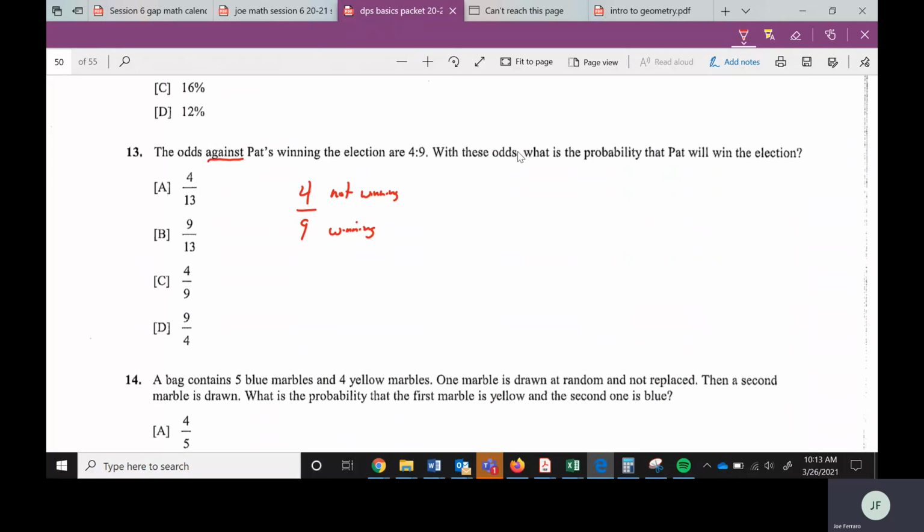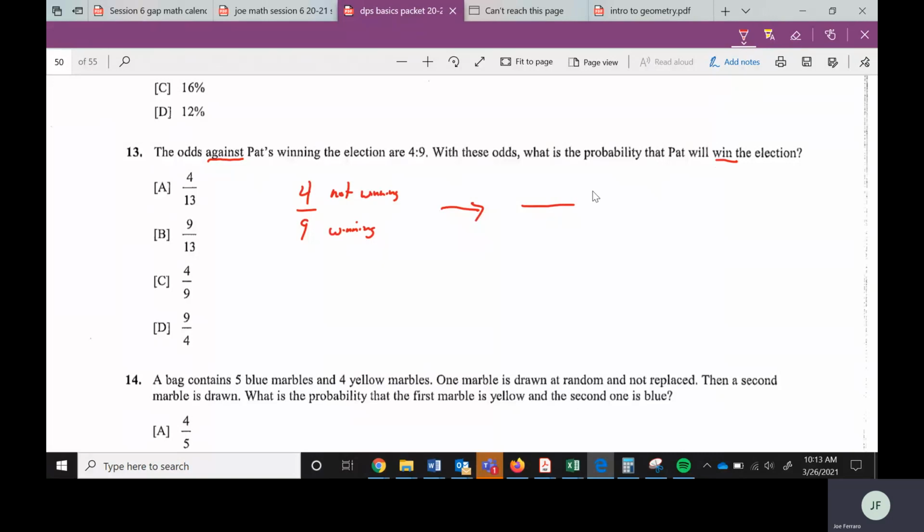Now they want to switch this. Instead of writing odds, they want to go to probability, which is favorable over total possible. Now, again, favorable doesn't always mean good or bad, and it could match up exactly with over here or might not. This was odds against, so not winning was the favorable. Now here, though, they want the probability that he will win.